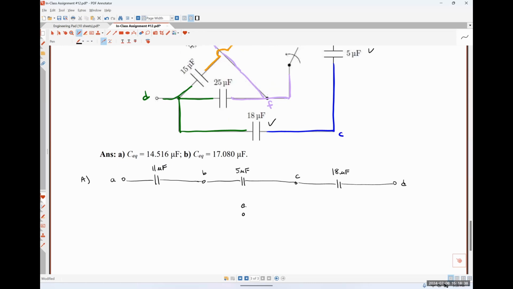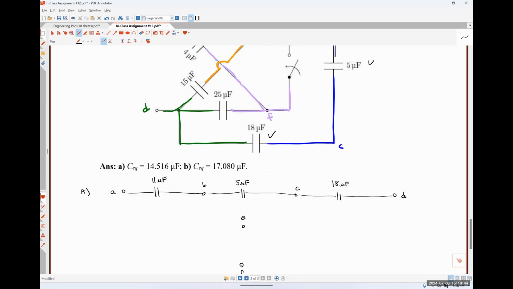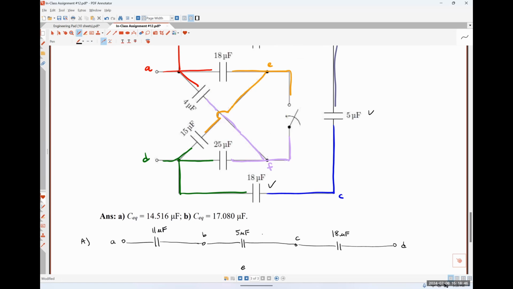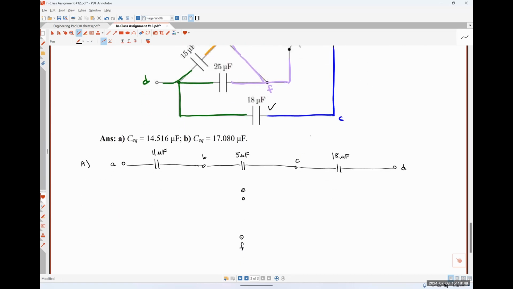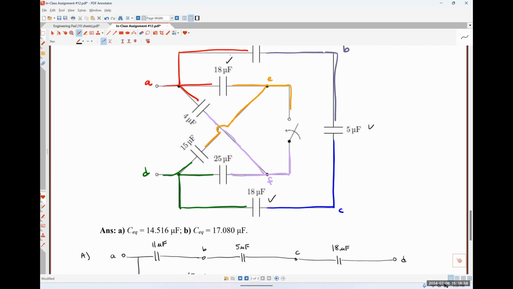So let's put E here and F here. To go from A to E to D, I'll go through this 18 and then this 15.